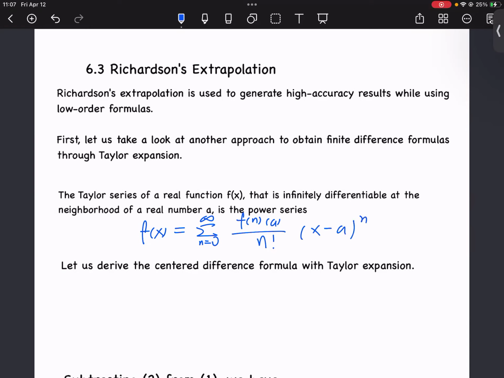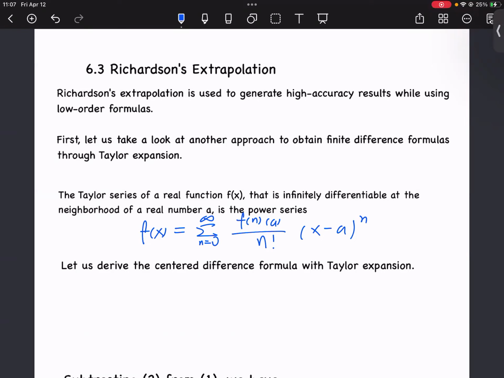This is the Taylor expansion, and here I am going to get the standard difference formula with the Taylor expansion. Wait, there's something here I want to mention.